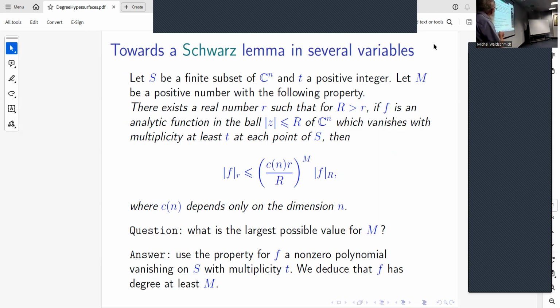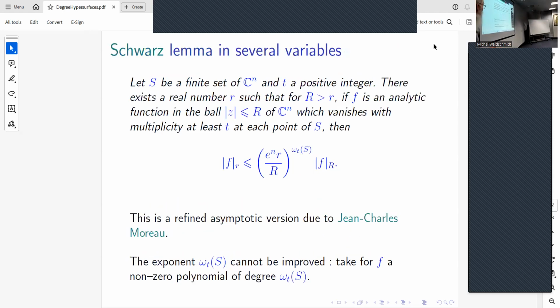We use the Schwarz lemma, which is conjectural, where we want the multiplicity to be as large as possible. We use it for a non-zero polynomial which vanishes on S, and from this we deduce that f has degree at least n. So the largest value is the smallest degree of a polynomial vanishing on S, and this is how the Hilbert-Samuel function of S occurs.